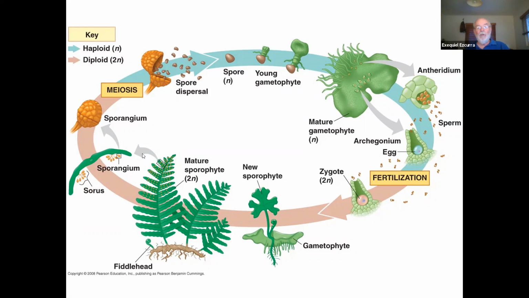The spores, in more than one way, are pretty much like the semen in animals, or like pollen in higher plants. They are haploid. They have half the number of chromosomes of the mother plant. So they go through reduction meiosis.